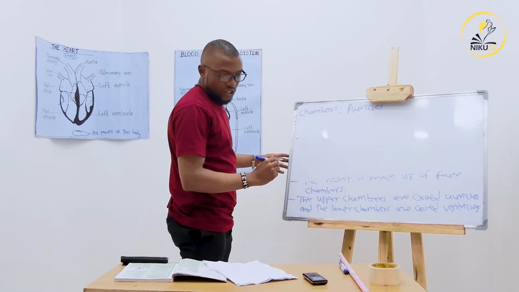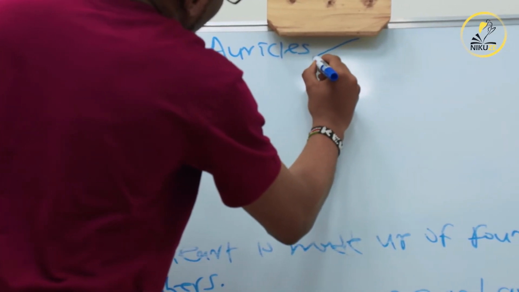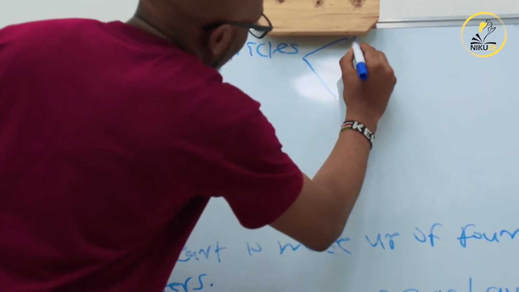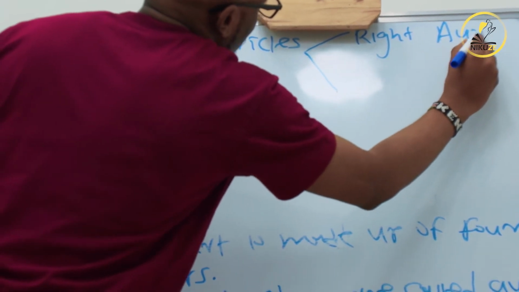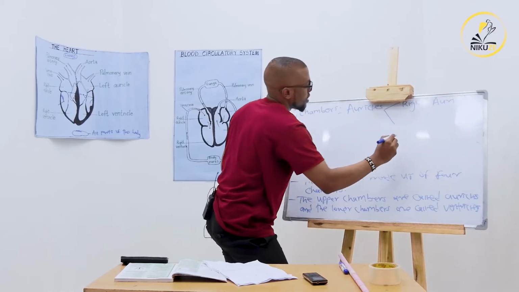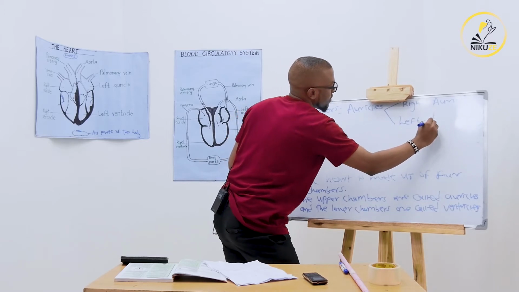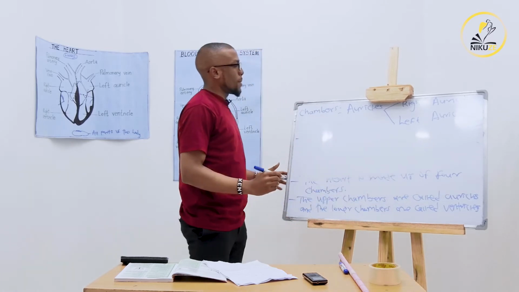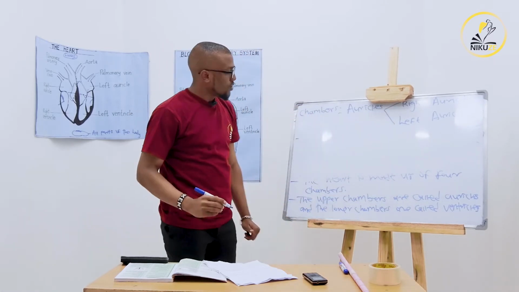For you to understand it better, you can talk of the right auricle. There are 2. This is the right auricle. This is the left auricle.